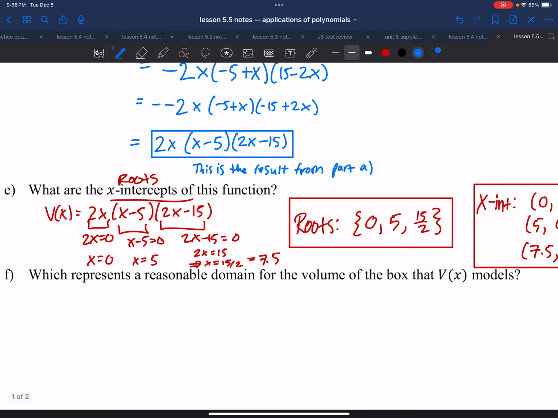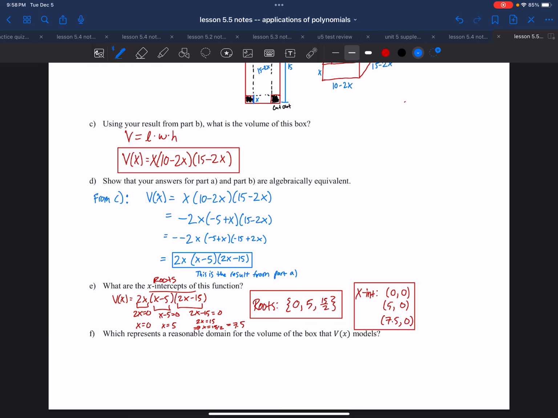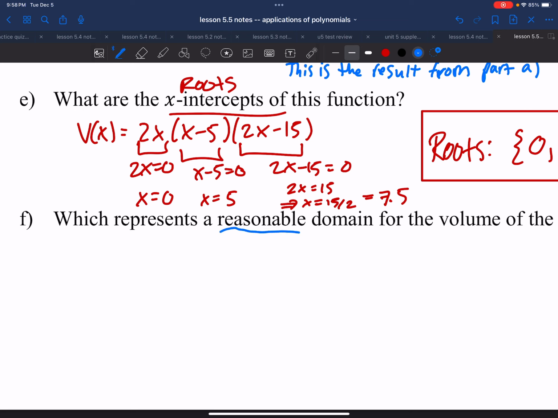It says, which represents a reasonable domain for the volume of the box that v of x models? So a lot of students say, what the heck does that mean? What is reasonable domain, right? So domain is your set of x values. So you input to the function, it's what you're allowed to put in, right?